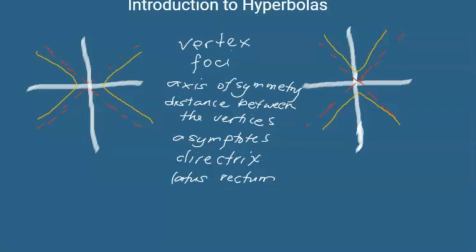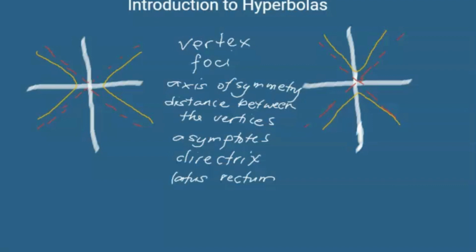The shape of a hyperbola resembles two mirror image curves, just like the yellow curves that you can see on your screen. And they each extend infinitely away from a central point.